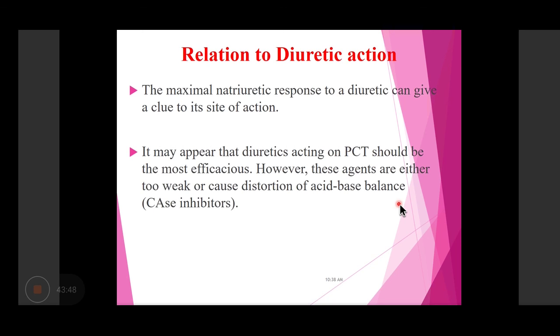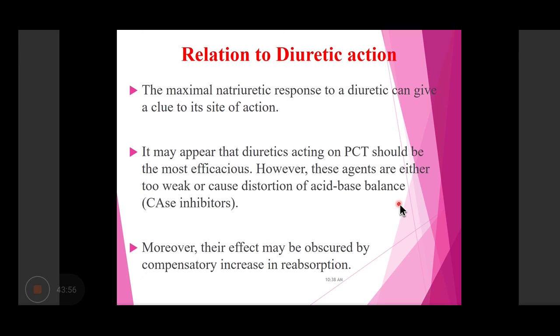In order to compensate for the blockade at PCT, they will cause excessive solute reabsorption at these sites. So in net effect, there is not much diuresis. If you block PCT, there will not be much diuresis because of compensatory hypertrophy and because of distortion of the acid-base balance. Because of these two reasons, we don't usually use carbonic anhydrase inhibitors which act on the PCT.